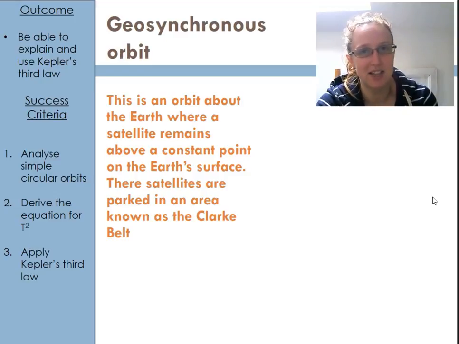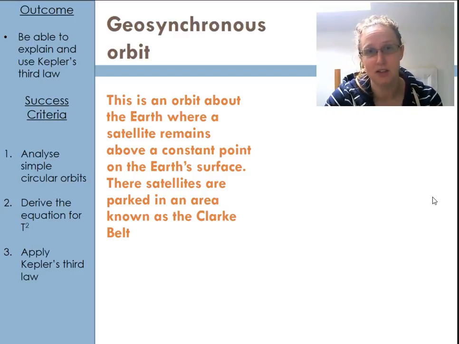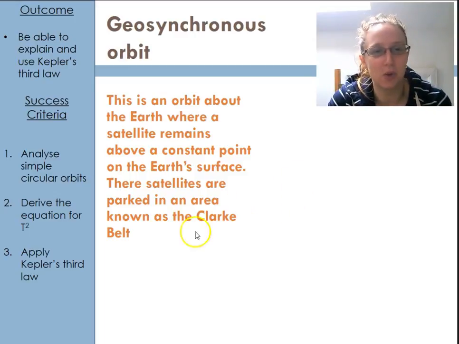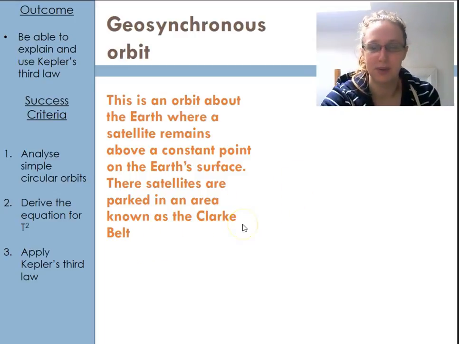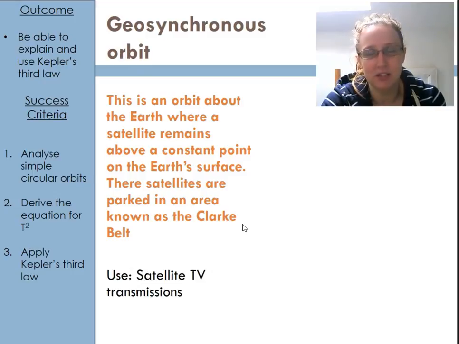It's going to rotate at the same speed as the Earth is rotating, so it always stays above the same place. And in order to get that to happen, it's got to be a certain distance above the Earth. And if it's that distance above the Earth, it's in an area that we call the Clarke Belt, which is pretty busy these days.